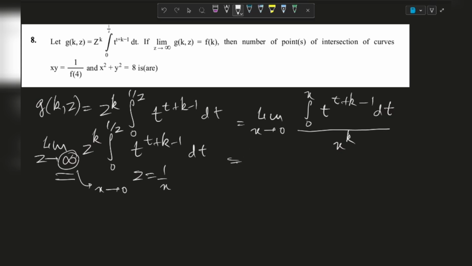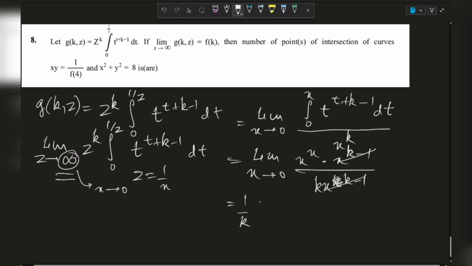Now as you can see, this is simple 0 by 0 form, so we are fully prepared to apply L'Hopital's. So the numerator becomes x power x plus k minus 1. I will write this as x power x into x power k minus 1, divided by x power k. Since we are applying L'Hopital, the denominator is basically k x power k minus 1. So now this and this get cancelled, so we can keep 1 by k outside, limit x tends to 0, and this is x power x, so I will write this as e power x ln x.